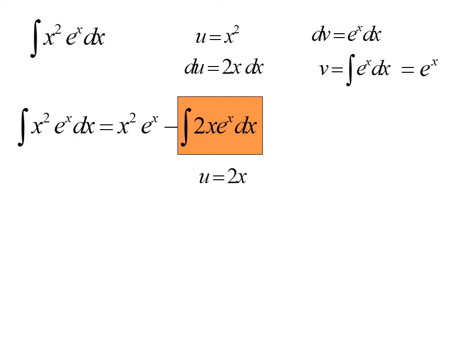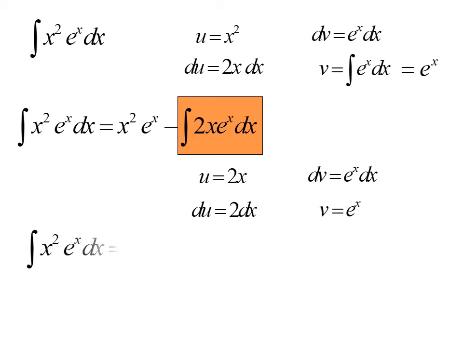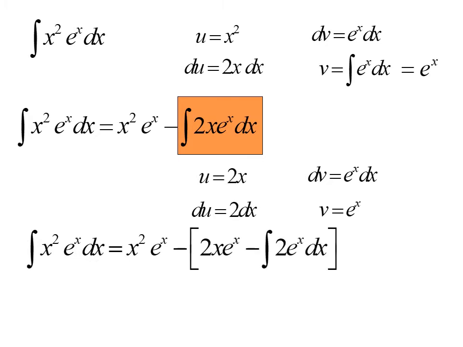So we'll choose the u to be 2x, the dv to be e to the x dx. We'll do the derivative of 2x. We'll do the integral of e to the x. And we'll fill in the formula from our formula sheet. Notice how the x squared e to the x just stays the same, and that integral becomes this.